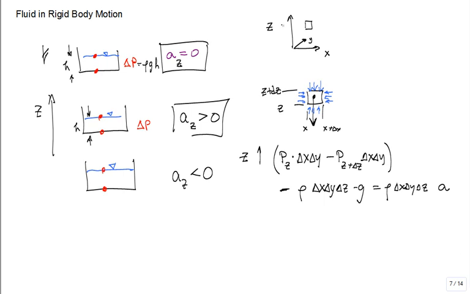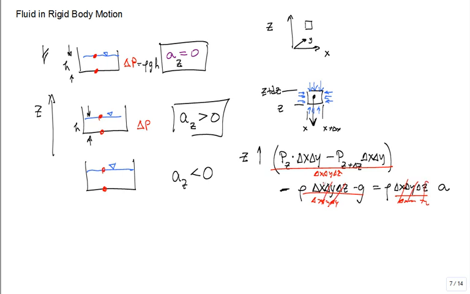I have this equation. I take each of those terms, and guess what? I divide by delta x, delta y, delta z. I cancel, cancel, cancel.